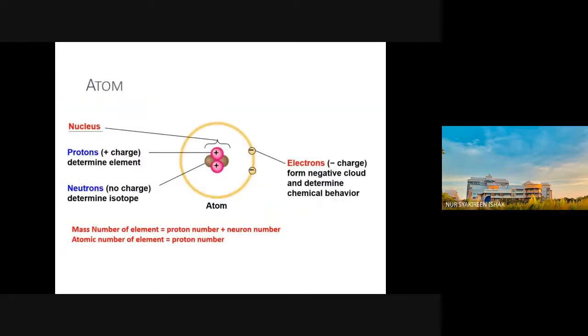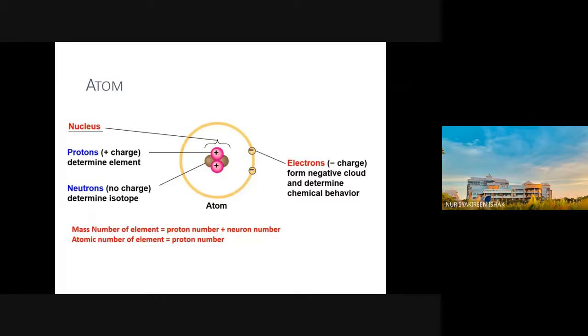This slide shows the structure of an atom. An atom consists of a nucleus at the center. At the center of the nucleus, you see protons and also neutrons. Protons have a positive charge, which determines the element, and then the neutrons have no charge.